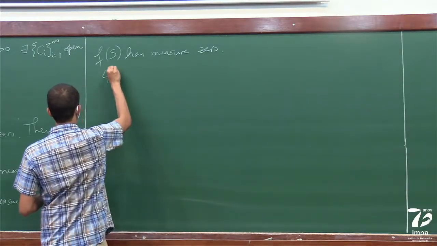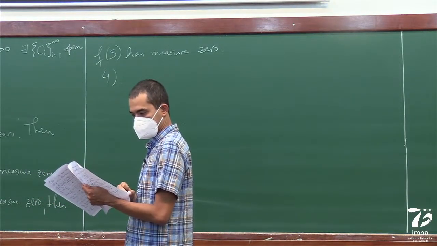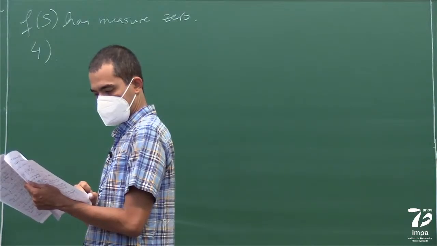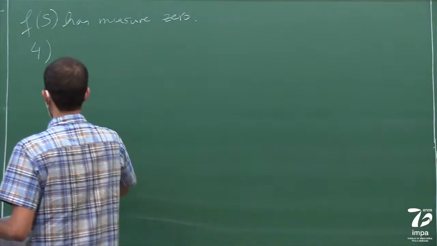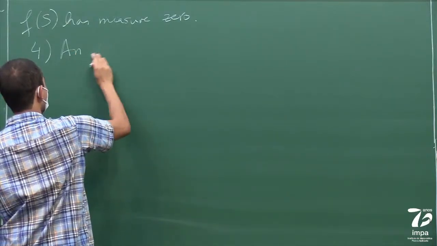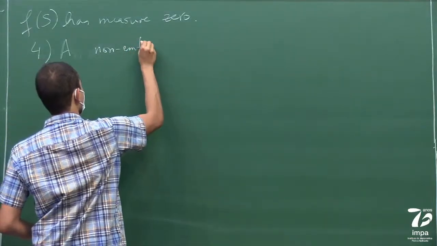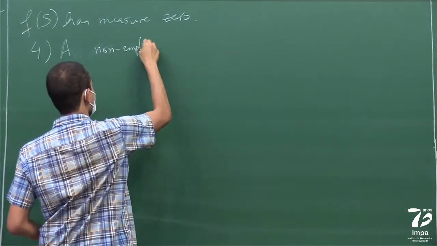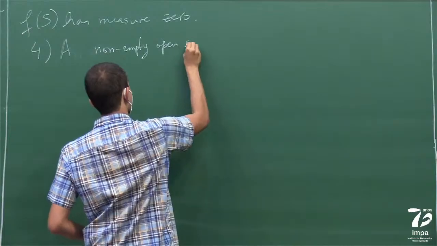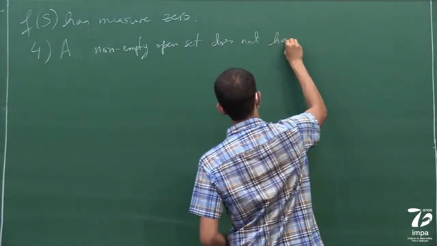And the fourth property that I'm going to state is that a non-empty open set does not have measure 0.